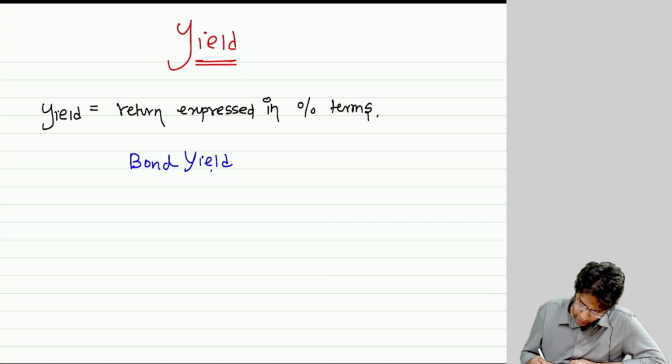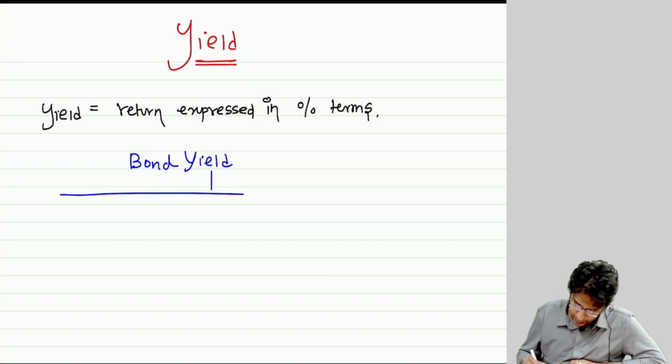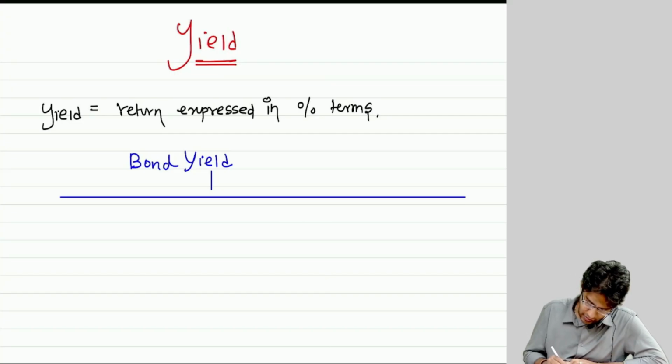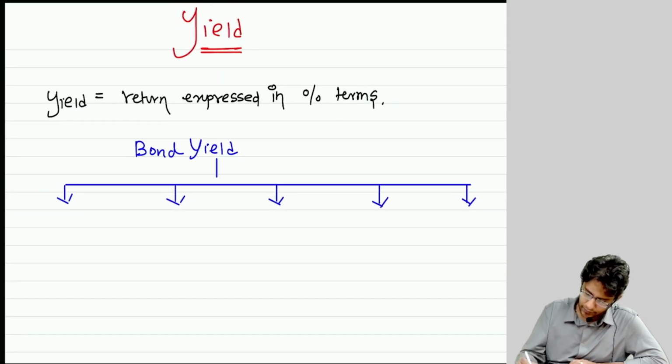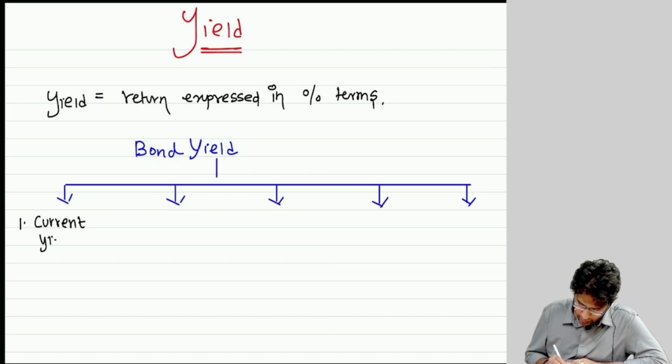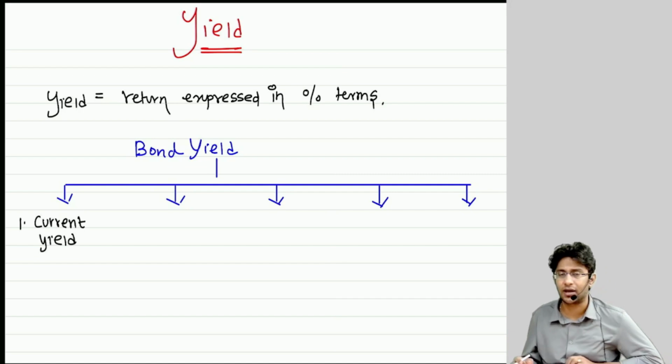If there was only one kind of yield, life would have been simple. But you have multiple yields in a bond. First one is called current yield.